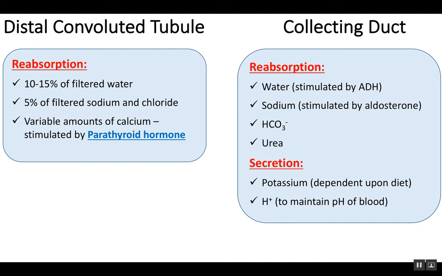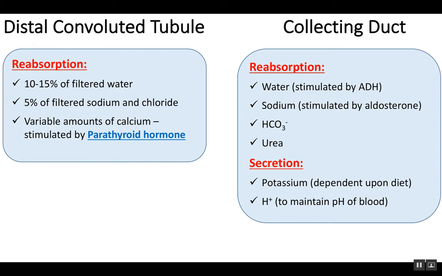So if we're dehydrated, your body is going to be synthesizing antidiuretic hormone, ADH. And we've already done that hormone. It's produced by your hypothalamus in response to dehydration. It's transported to your posterior pituitary gland and then secreted into the bloodstream.